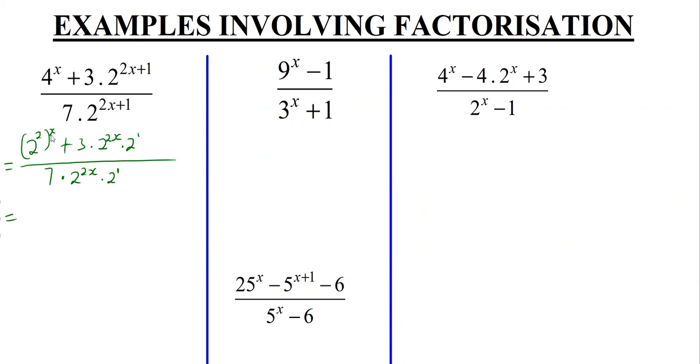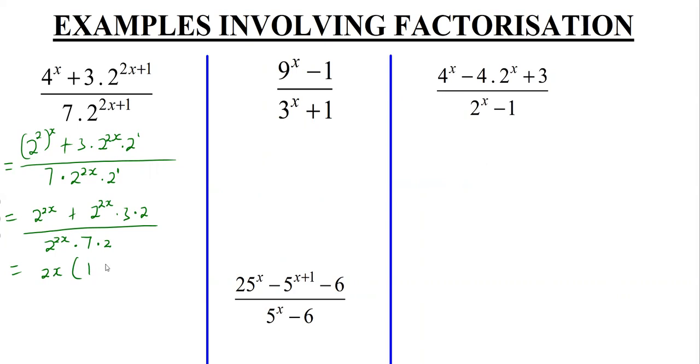Then what we have now is 2 to the power of 2x on top here, plus 2 to the power of 2x times 3 times 2, then over 2 to the power of 2x times 7 times 2. What we now see is that we can factor out 2 to the power of x there.